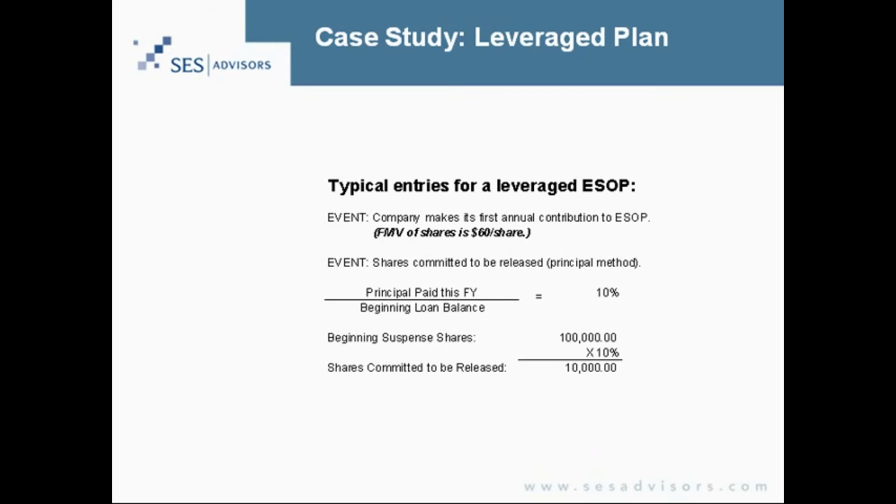So it's quite common for the loan payments in a leveraged transaction to occur after the close of a fiscal year. Well, the contribution or the board's intention to make a contribution essentially commits those shares to be released, and in my view, creates compensation expense based on the market value of those shares, even though we may not legally release them until substantially into the following fiscal year.